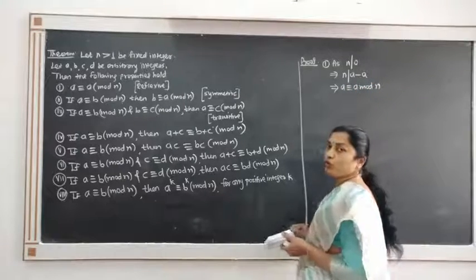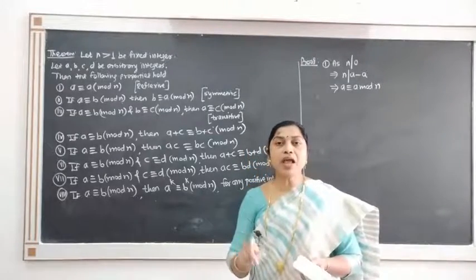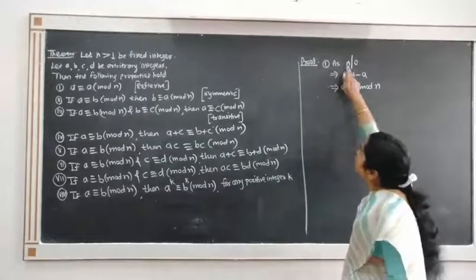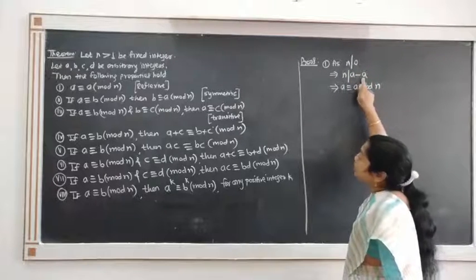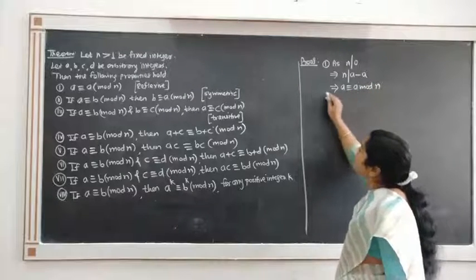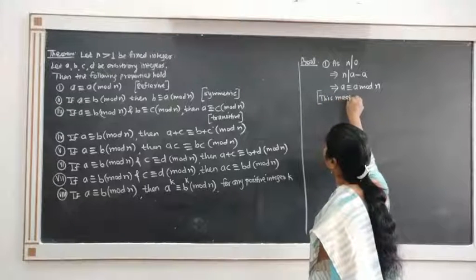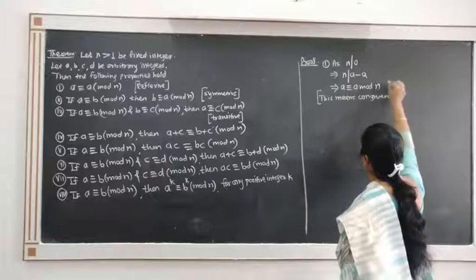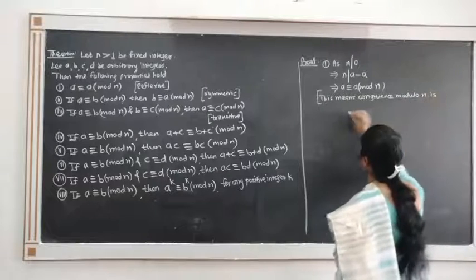By our definition of congruence, a is congruent to b mod n if and only if n divides a minus b. So this implies that the congruence relation is a reflexive relation.